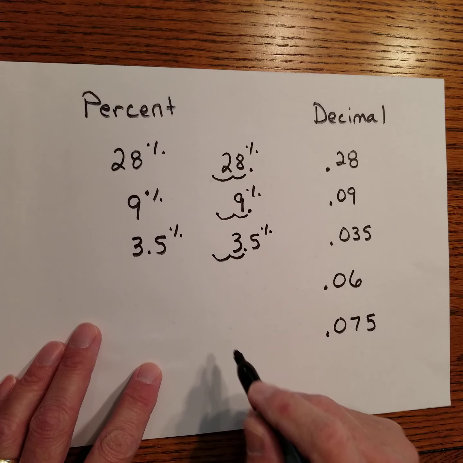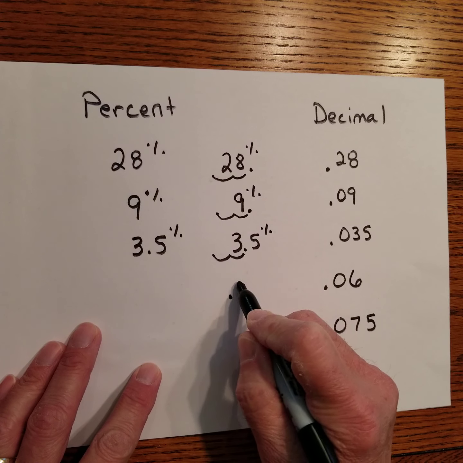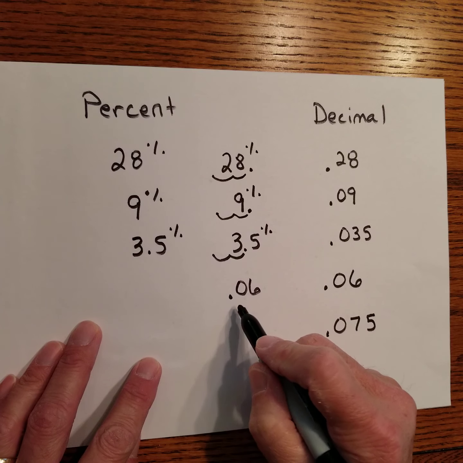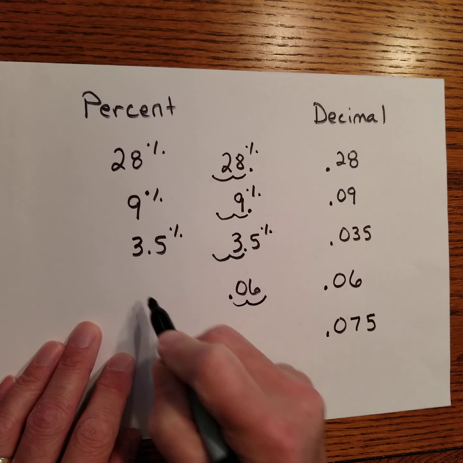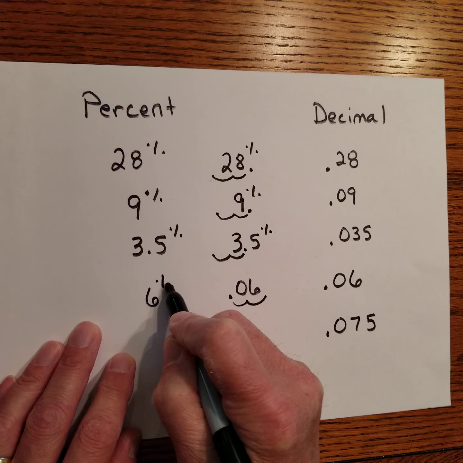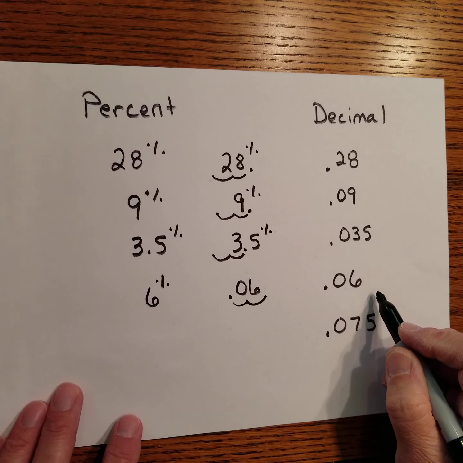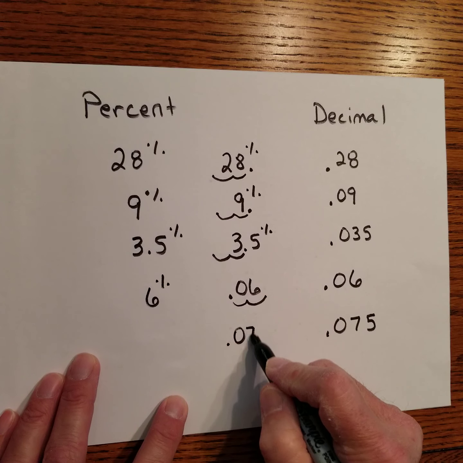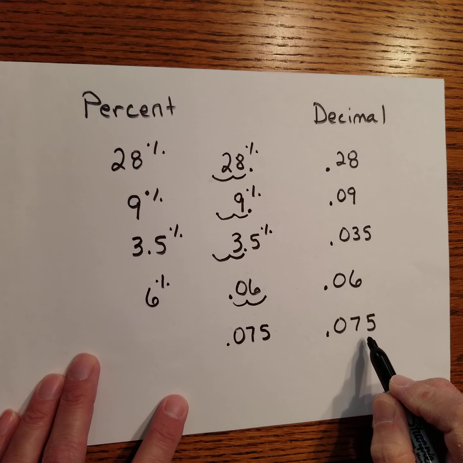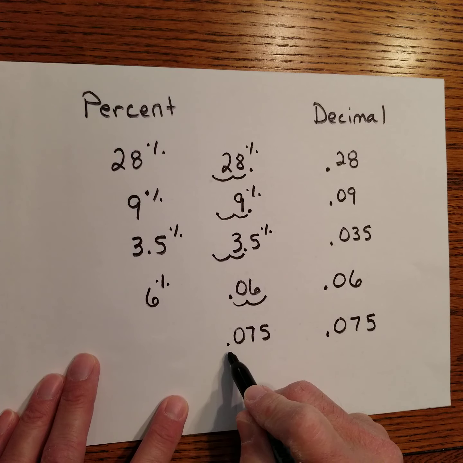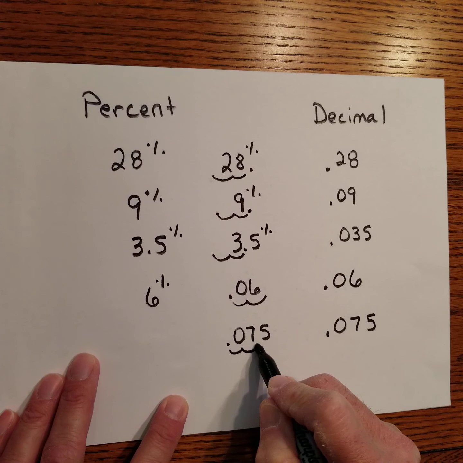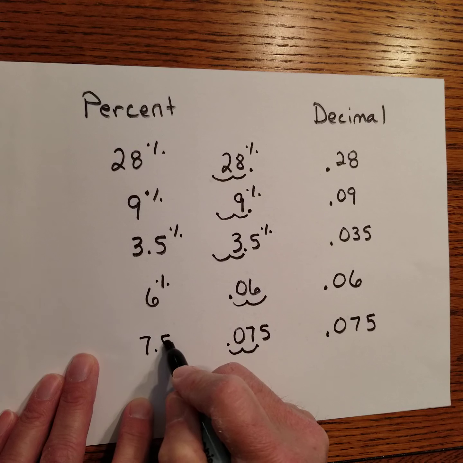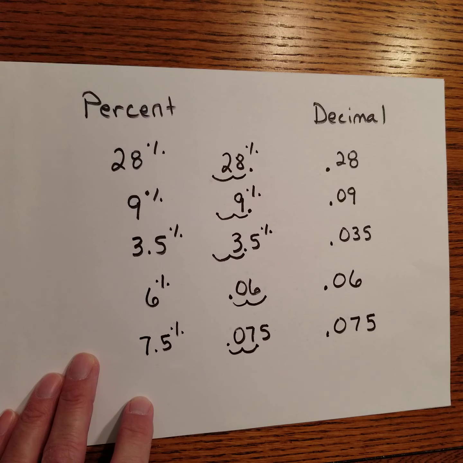If my decimal is 0.06 and I want to change it back into a percentage, I move the decimal point to the right, so that 0.06 is 6%. 0.075 as a percentage, the decimal point would be between the 7 and the 5, is 7.5%.